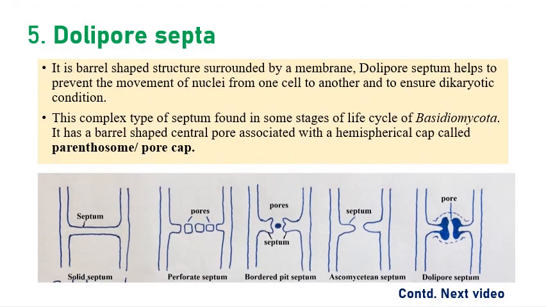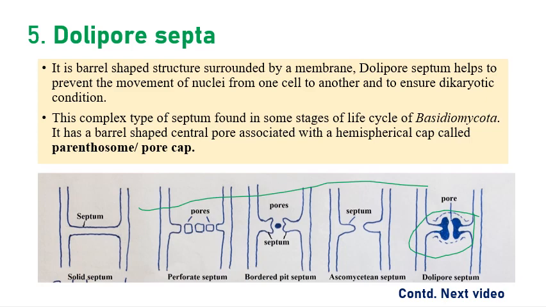The last one is Dolipore septa. It is a barrel-shaped structure, which we can clearly observe here. This barrel-shaped structure is called the parenthosome or pore cap. Dolipore comes from dolium, meaning large jar, or a barrel-shaped structure.